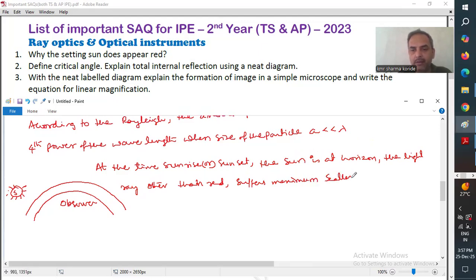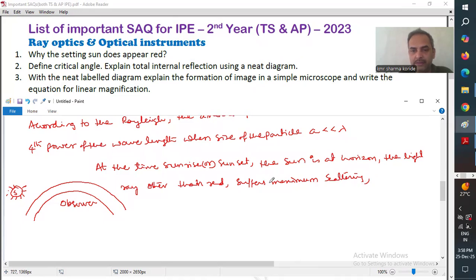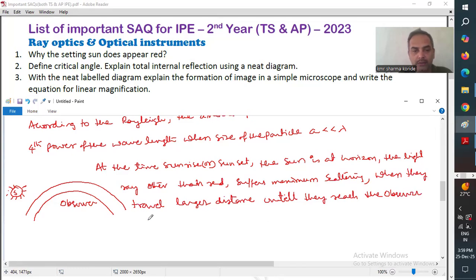They suffer maximum scattering when they travel a larger distance until they reach the observer on earth.